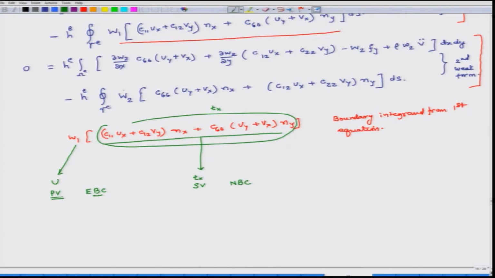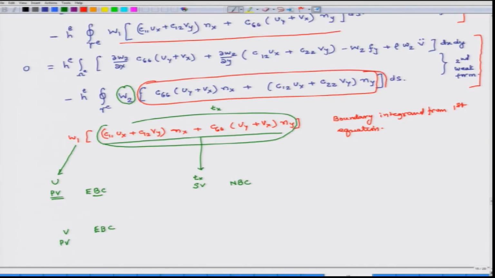Similarly, W2 appears in the second equation boundary term, which means the other primary variable is V. If I specify this variable, I am specifying essential boundary condition, and the other secondary variable is this thing, that is Ty.